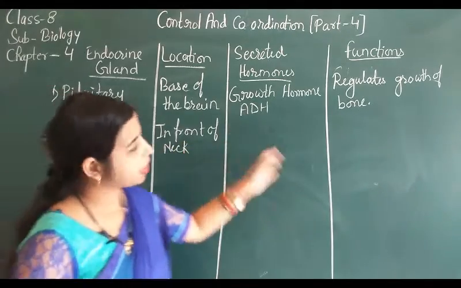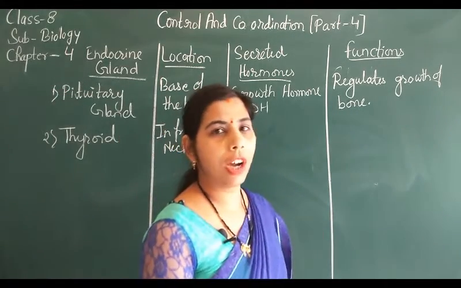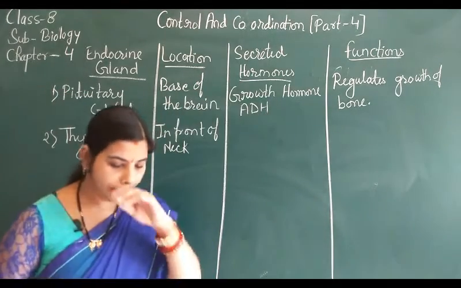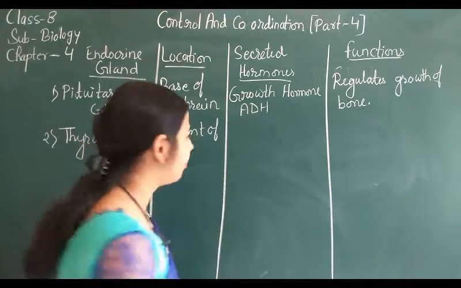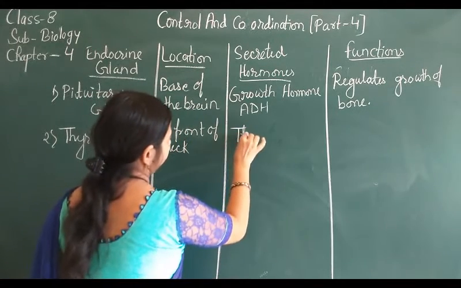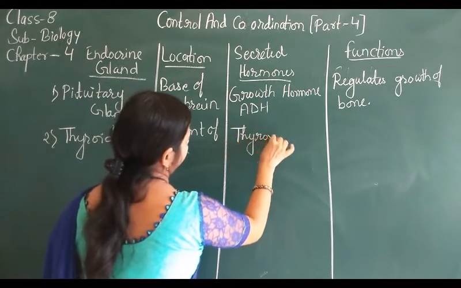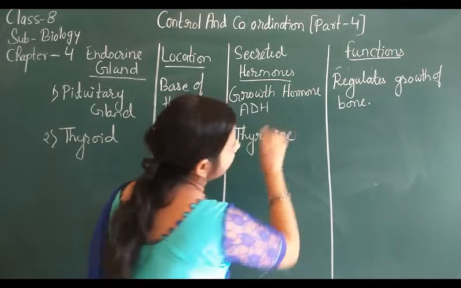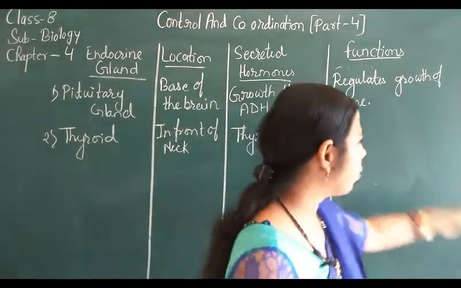Now the hormone which is secreted by the thyroid gland is thyroxine. That means the thyroid gland secretes the thyroxine hormone. Now what is the function of the thyroxine hormone?